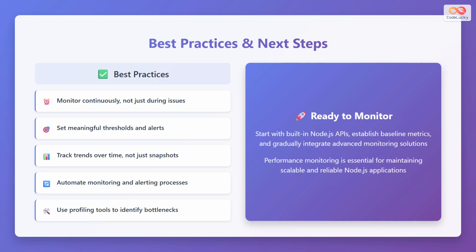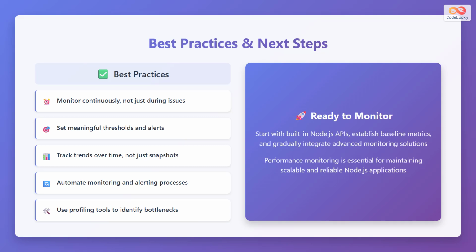To wrap up, let's summarize the best practices for effective Node.js performance monitoring. First, monitor continuously, not just when issues arise. Second, set meaningful thresholds and alerts to proactively identify potential problems. Third, track trends over time to understand performance patterns and detect anomalies.